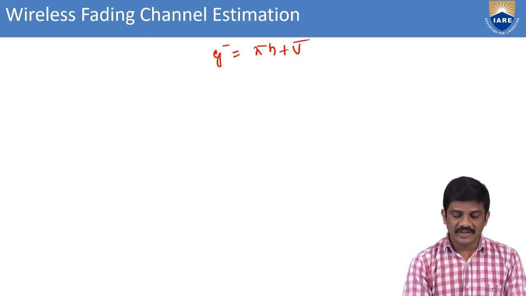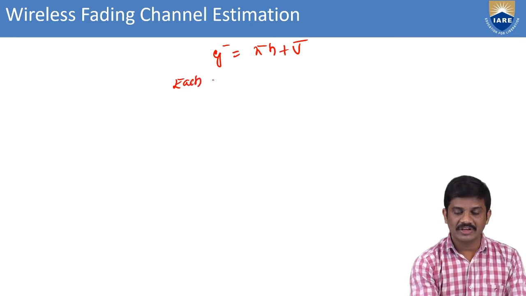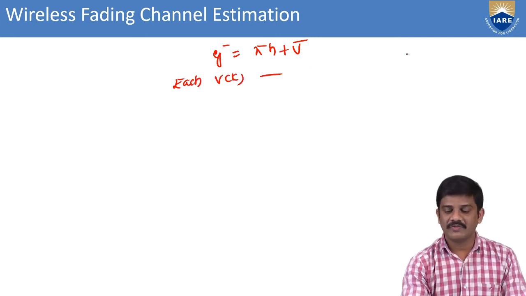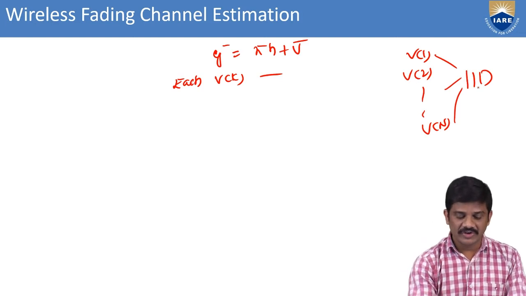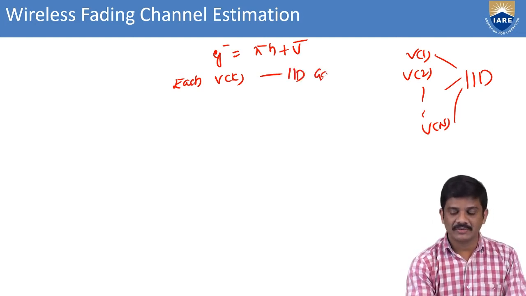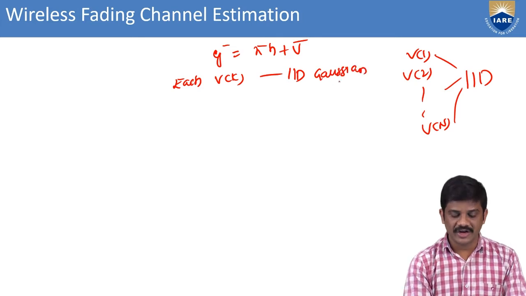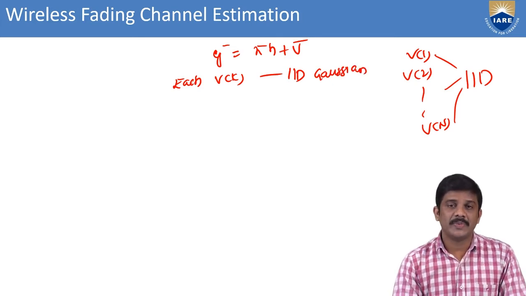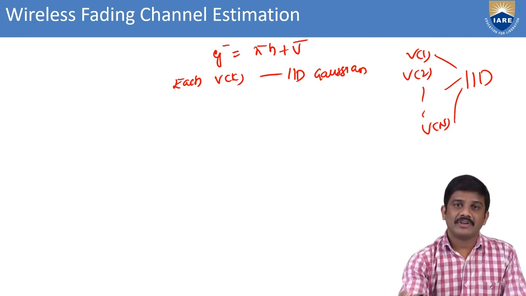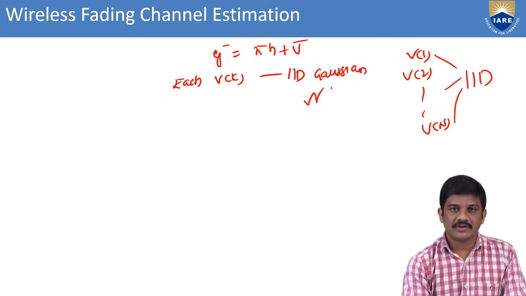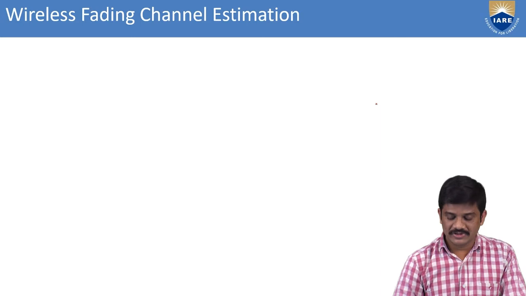Here each of the noise terms v of k, that is v1, v2 up to v of n, are independent and identically distributed. So we consider IID Gaussian noise, that is independent identical distributions, and we also find the mean and variance, which we derived in the first session.